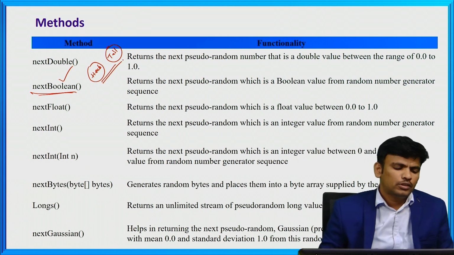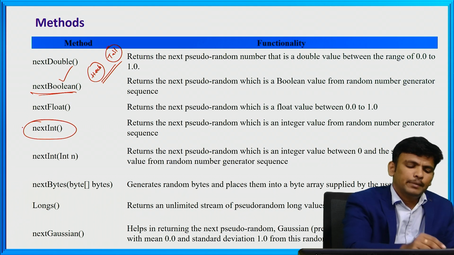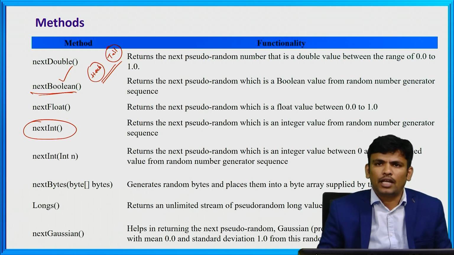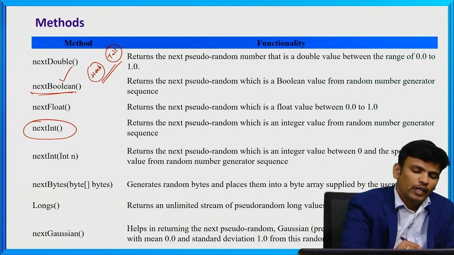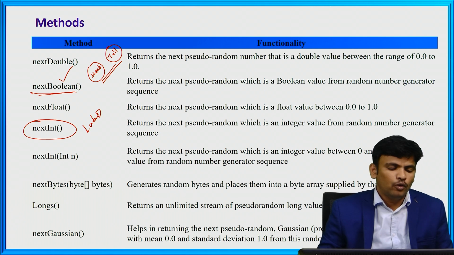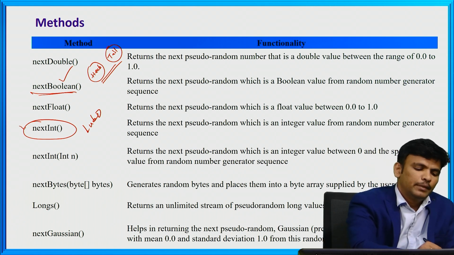Suppose you are using the nextInt method, like rolling a dice, as in normal games like a Ludo game. In a Ludo game, you can observe a dice. The dice values lie between 1 to 6. If you want to generate the values 1 to 6, you can use this method.